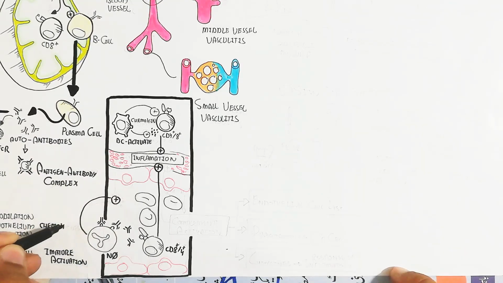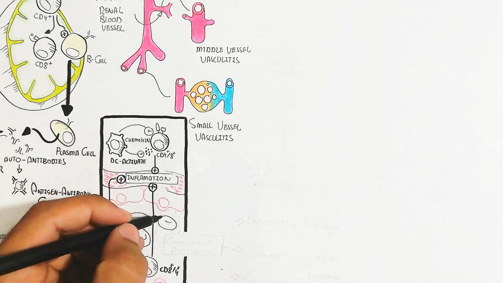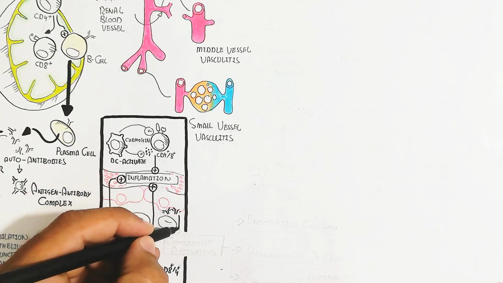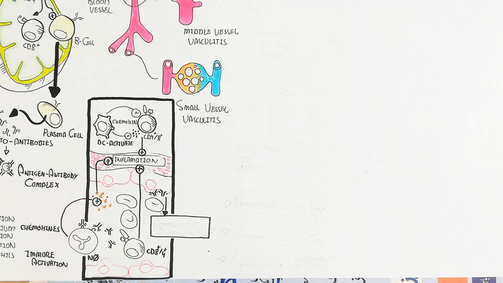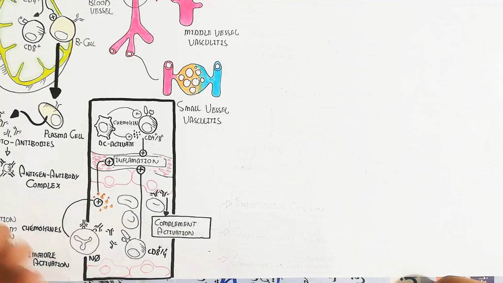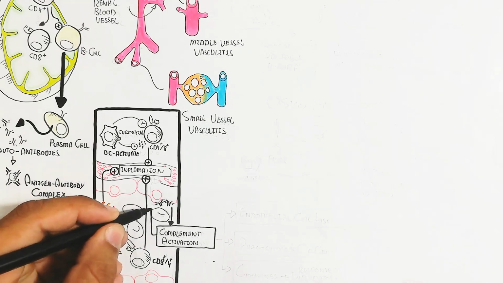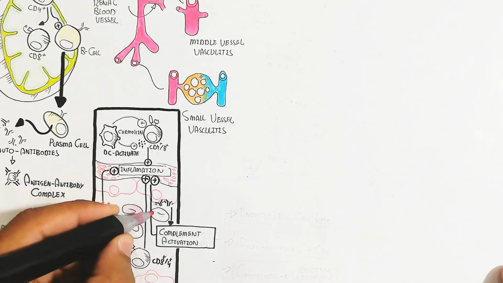In this way, the chemokines produced from the neutrophil will target the smooth muscle layer of the blood vessel and cause inflammation, while on the other hand the dendritic cell is activated to produce chemokines and also activate the CD8 and CD4 T lymphocytes, and complement activation will also trigger inflammation.